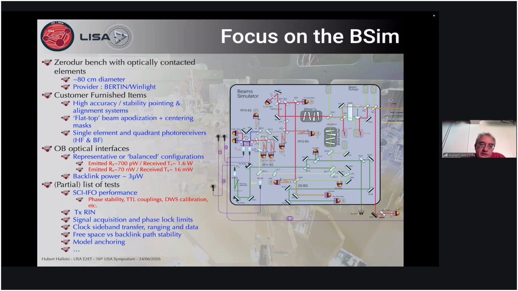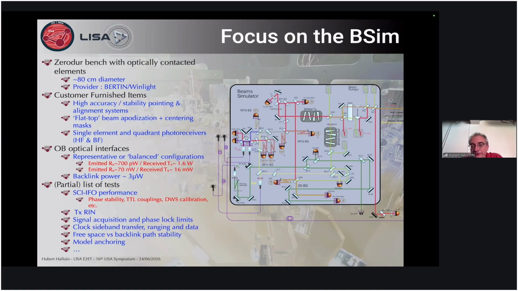This beam simulator also is here to provide representative optical interfaces to the optical bench. So in flight condition, it's 700 picowatts emitted by the beam simulator and received by the optical bench, whereas the optical bench emits about 1.6 watts towards the beam simulator.